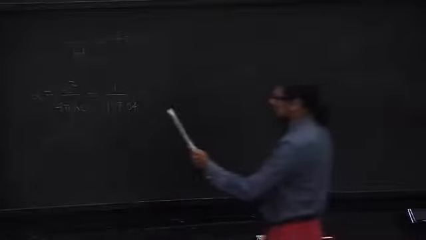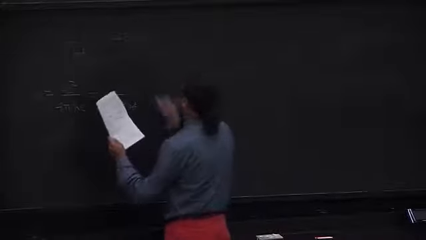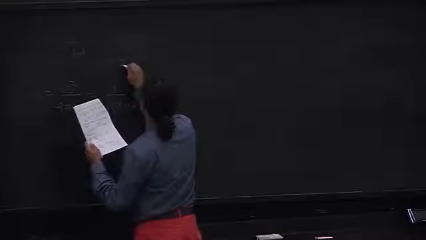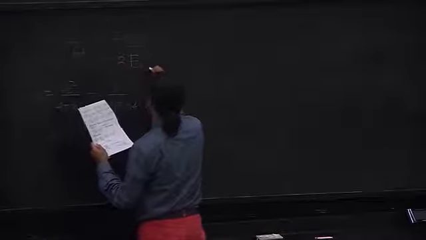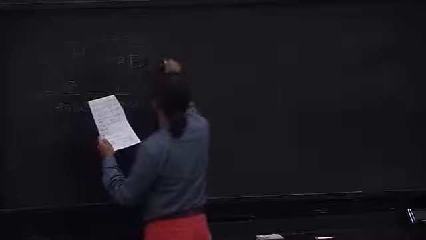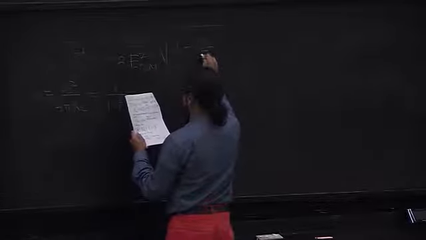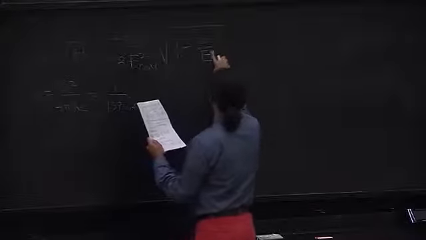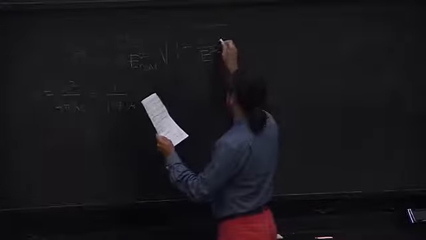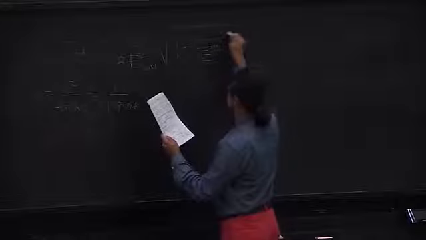So in terms of the center of mass frame energy, this is the energy of the individual particles, and this is the muon mass.